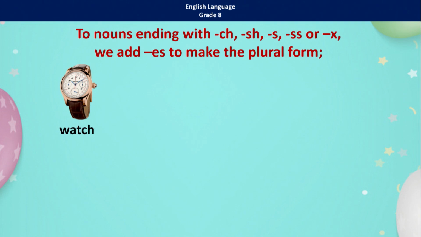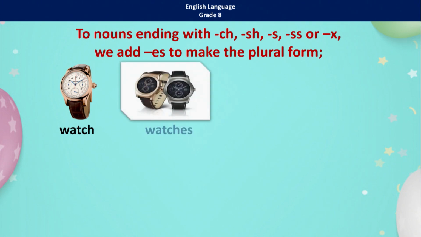Here we have a watch. You make the plural by adding ES, because the last two letters are CH.